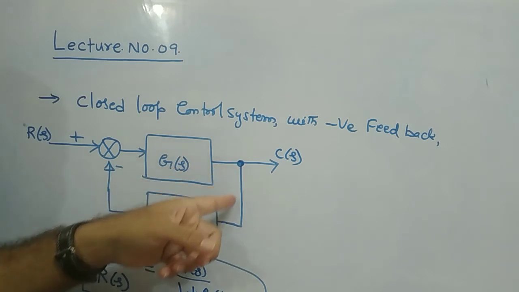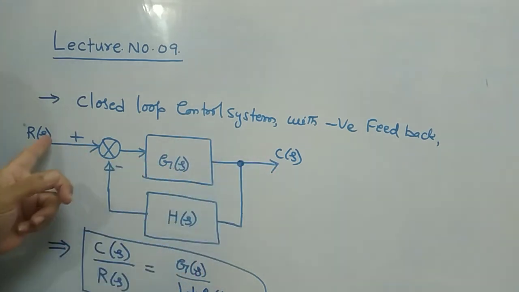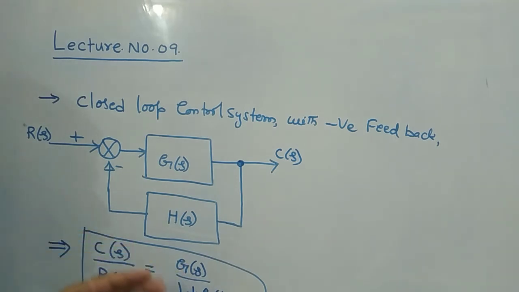For a closed loop control system with negative feedback, C of S by R of S, the transfer function, is equal to G of S by 1 plus G of S H of S, which we have studied in our previous sessions.